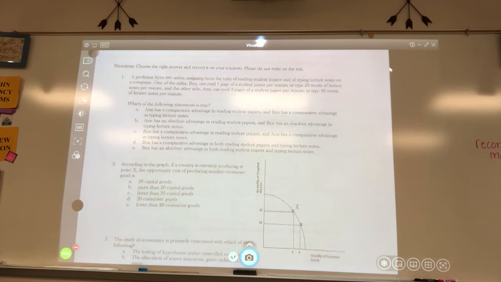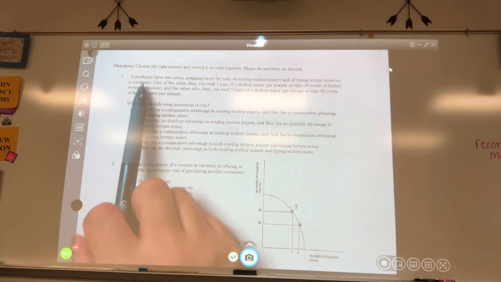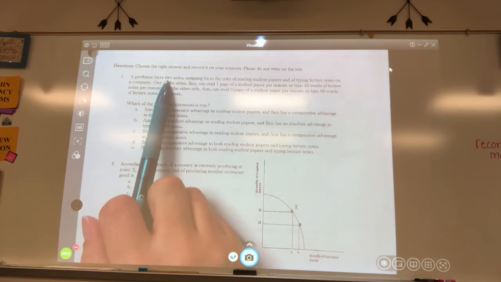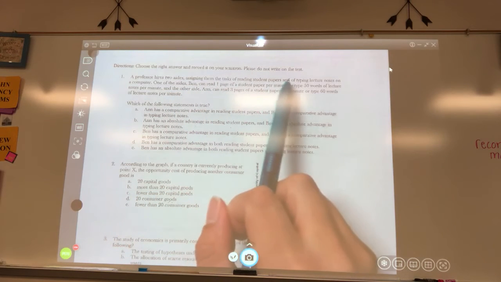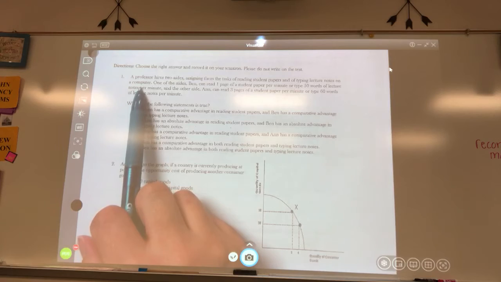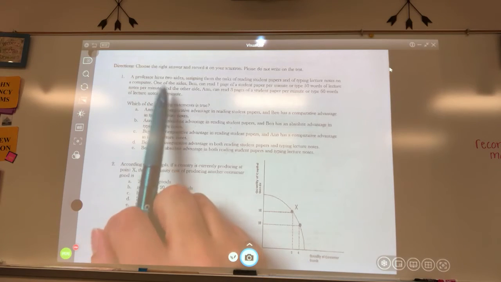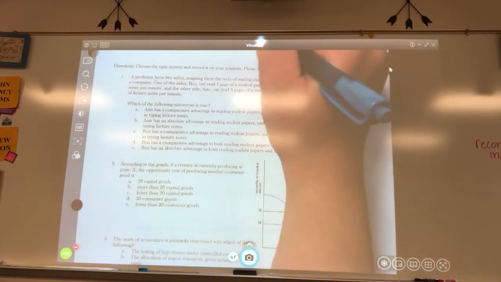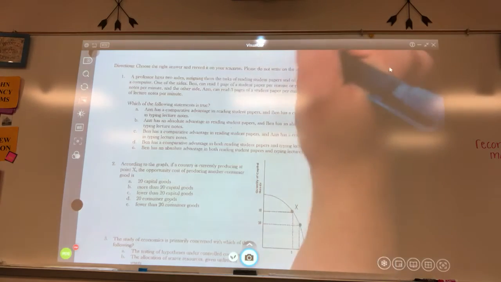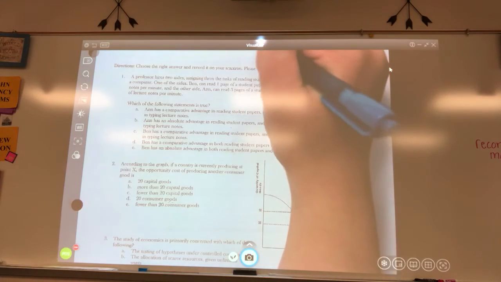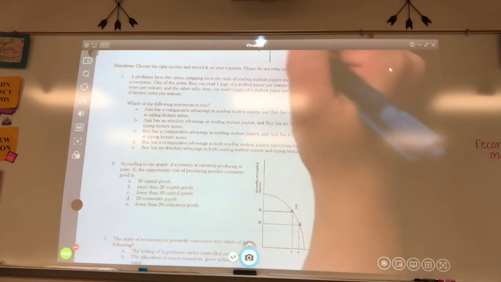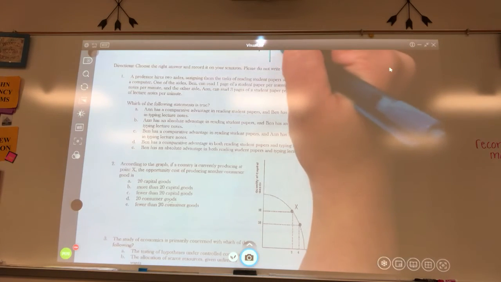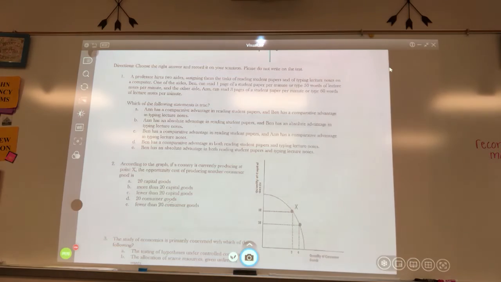So we're gonna look at question 1. A professor hires 2 aides, assigning them the task of reading student papers and typing lecture notes on a computer. One aide, Ben, so let me write Ben out, right? He can read 1 page of student papers per minute, or he could type 50 words of lecture notes per minute.